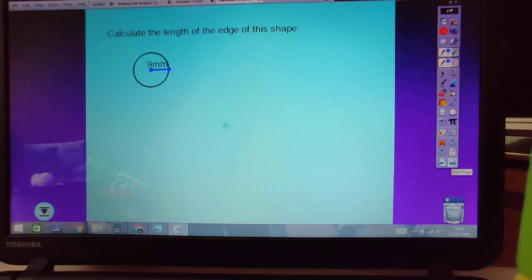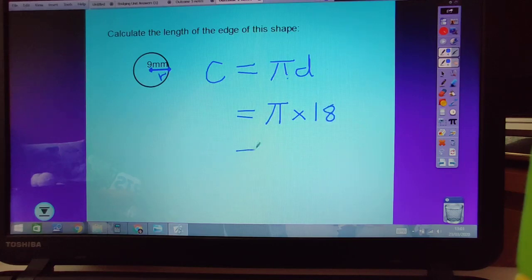To calculate the length of the edge of this shape, we have to recognise it's a circle. This curved edge is called circumference, and circumference is equal to pi times diameter. Pi is that button in the calculator. We put in the multiplication sign. That's going from the centre to the outside. Right now that's the radius. The diameter is the full thing across, so it's double that of 18.